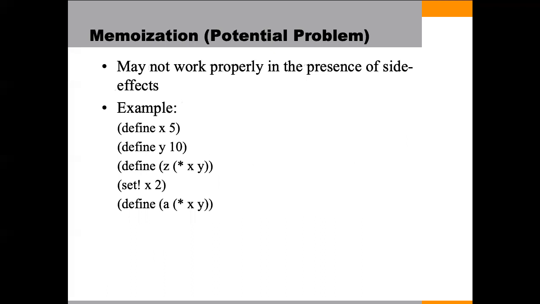Now, memoization depends critically on the absence of side effects. If you allow side effects, it will ruin memoization. For example, I set x to 5 and y to 10, and I evaluate the expression times x and y. A good Lisp interpreter will cache that result, and the next time you multiply x and y, it may assume that the result is 50 because it's assuming x hasn't changed.